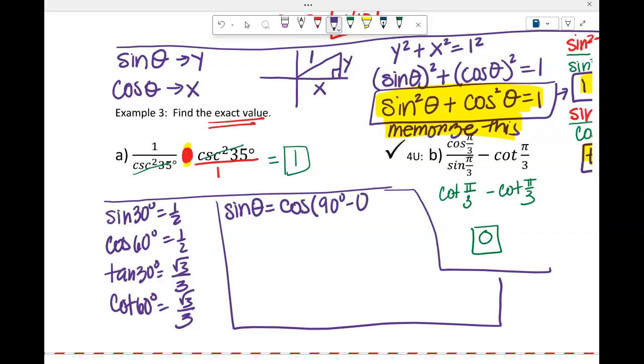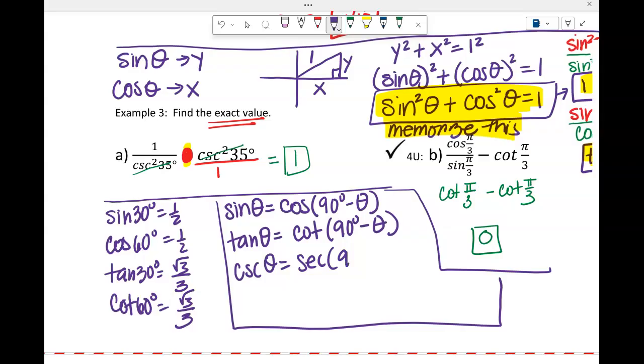And then tangent of theta is identical to cotangent of 90 degrees minus whatever that theta is. And same thing with cosecant of theta, it's identical to secant of 90 degrees minus theta.